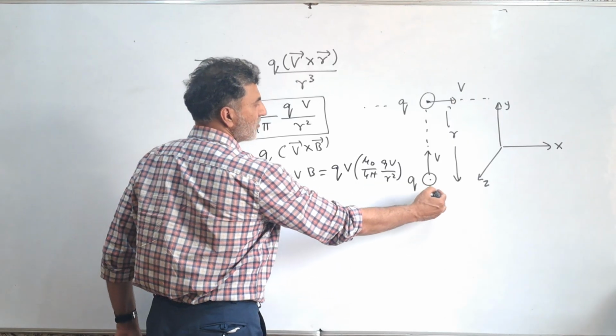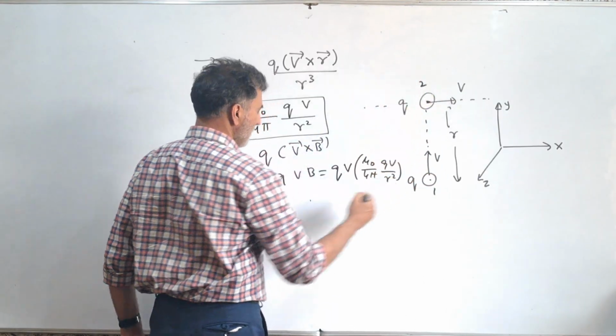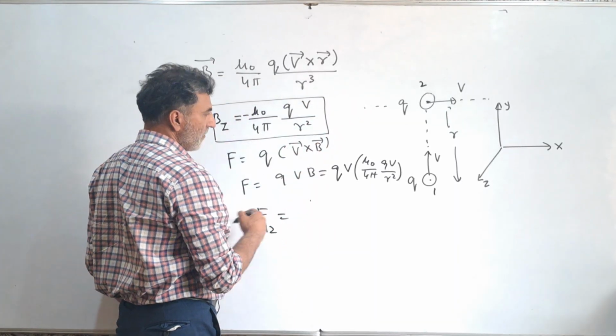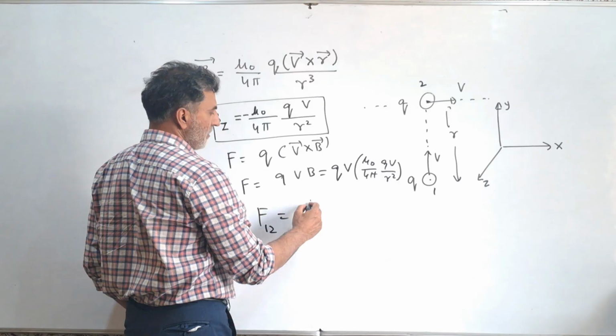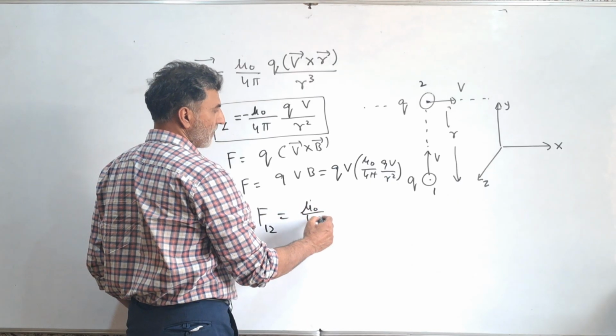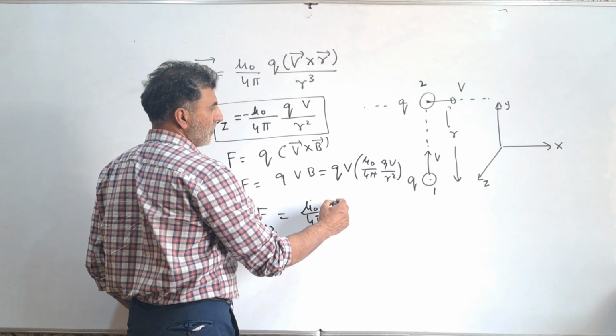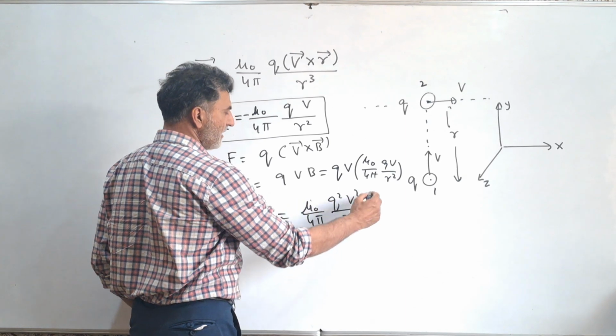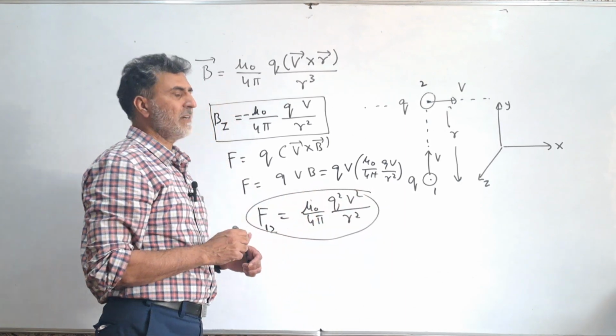So let me say it is charge 1, it is charge 2. Okay? So force on 1 due to the second will be mu 0 by 4 pi q square v square by r square. This is the force. But can you tell me what is the direction of this force?